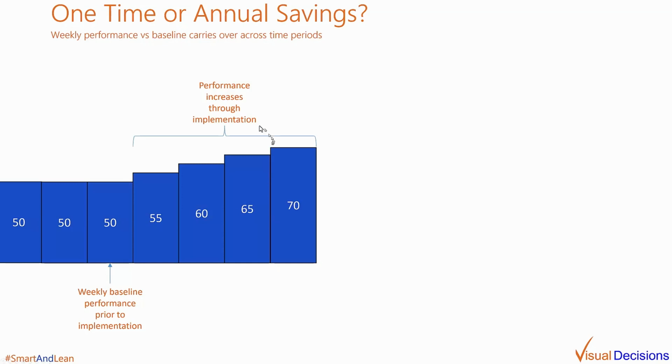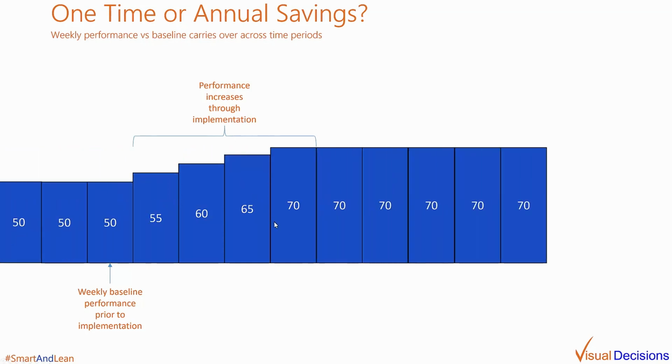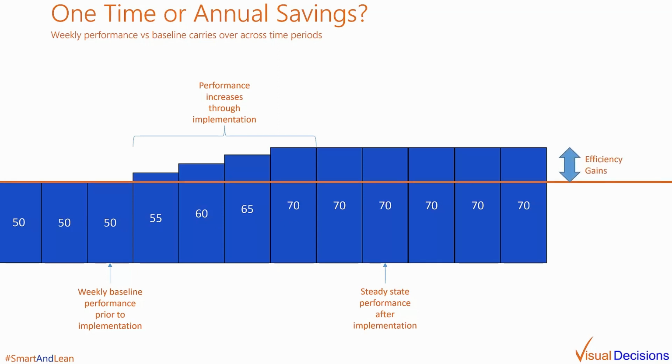And so we've seen performance increases through the implementation, and now in week 6, week 7, week 8, week 9, even assuming that we don't get any additional gains from the software, what we've done is we've set a new baseline of performance from 50 up to 70. And that's now our steady state performance after the implementation. So we've seen an efficiency gain of 40% during that time, and it keeps going. It doesn't stop after this particular week.